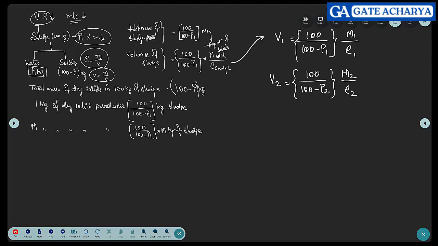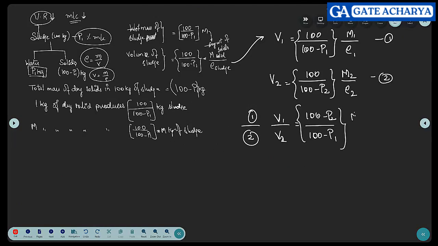So let me divide equation 1 and 2. V1 by V2 is equal to 100 minus P2 by 100 minus P1, into M1 by rho 1 over M2 by rho 2.